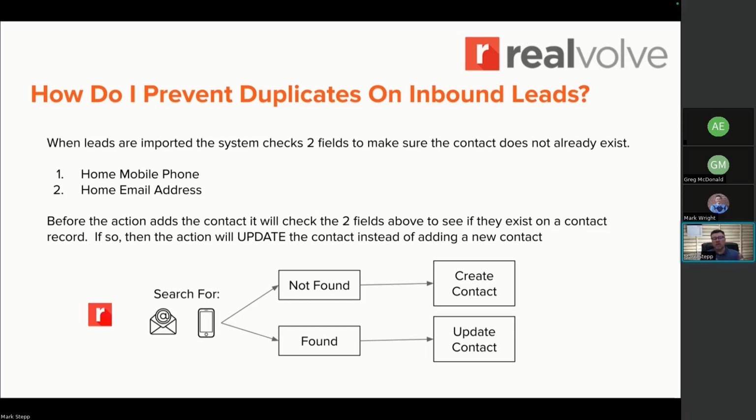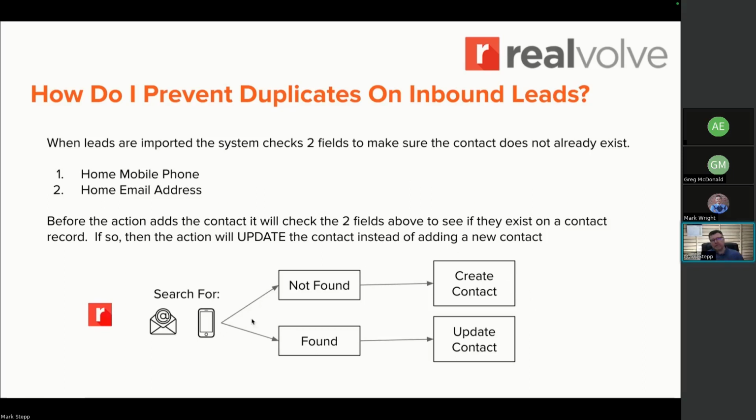But if either one of those matches, if you're collecting the mobile phone or the email, and it's found, it'll go ahead and update that contact record. If it's not found, it'll create a new contact. So we do the process of creating and preventing duplicates as one big swoop.